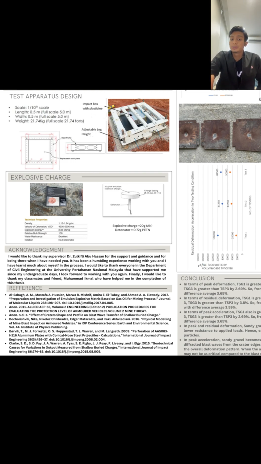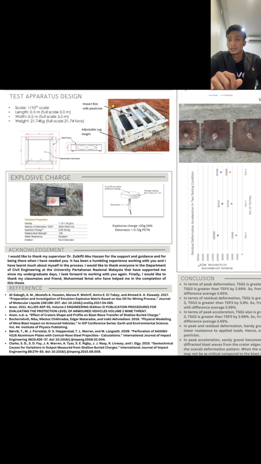The 500 by 500 millimeter deformable target plate is constructed from a mild steel sheet that is 50 millimeters thick. This was fastened to a test frame that was 500 millimeters square. The design of the test device was shrunk down to 1/10 scale. The approximate weight of the test frame is 21.74 kilograms.